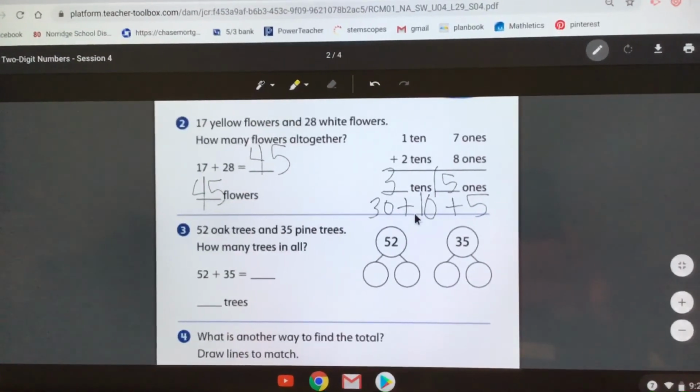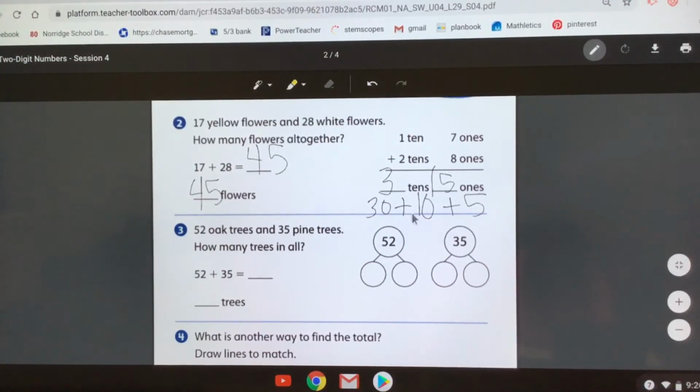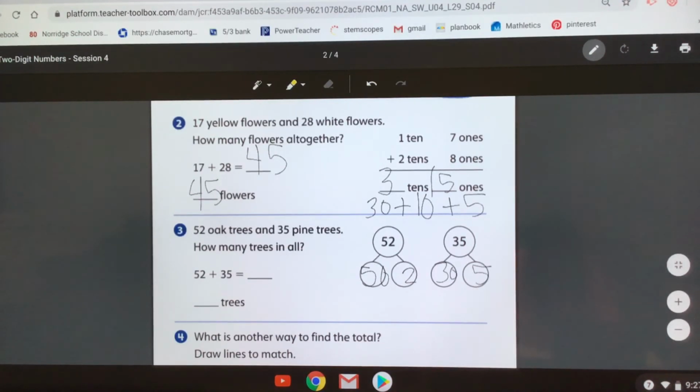There's 5 tens. 5 tens is the same as 50 and 2 ones, so 2. 35 has 3 tens. 3 tens is the same as 30 and 5 ones. Okay, so we're adding our tens, which is 50 plus 30. 50 plus 30 is 80. And then our ones, 2 plus 5.